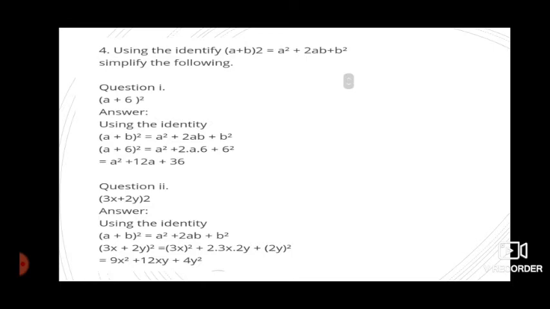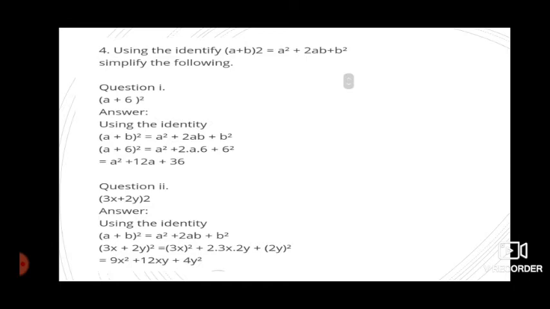So when we apply the square to 3, 3 square becomes 9x square, plus 2 into 3 into 2: 2 threes are 6, 6 twos are 12, into xy. In the middle term, children, you can see 2 into 3x into 2y. In that, first I am multiplying the constants, 2 into 3 into 2, that is 12xy, plus 2y whole square.